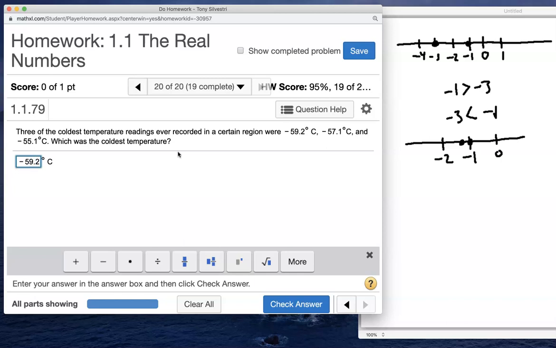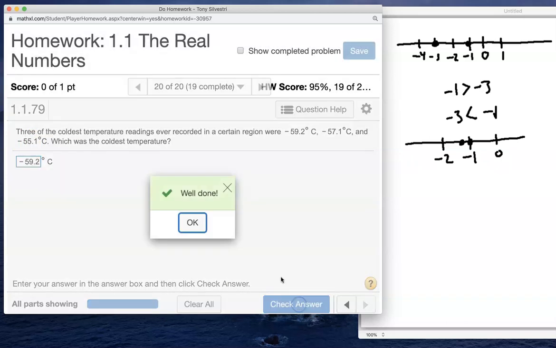Now the hottest would be, if you can consider this hot, -55.1, because that would be plotted closer to the 0. It has less of a value, but that's good when you're dealing with negative numbers. Well done.